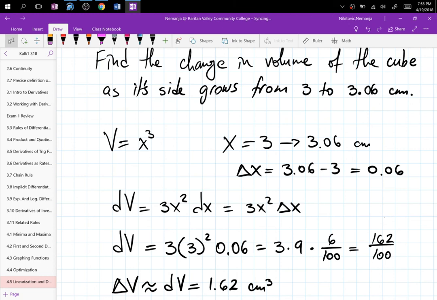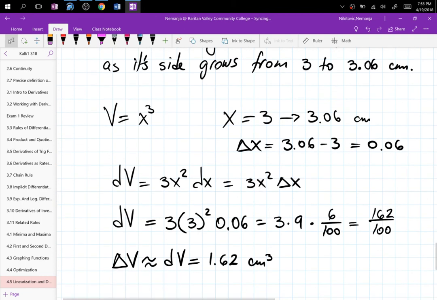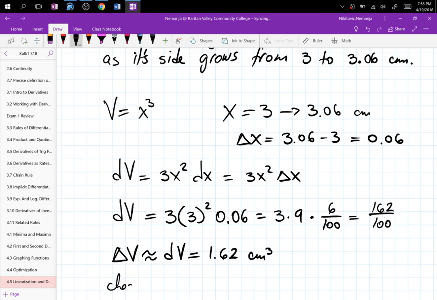Calculate 3.06 cubed minus 27, right, 3 cubed. $1.65, thank you.